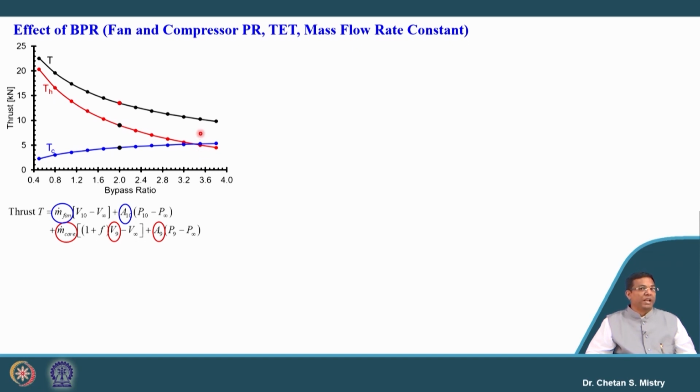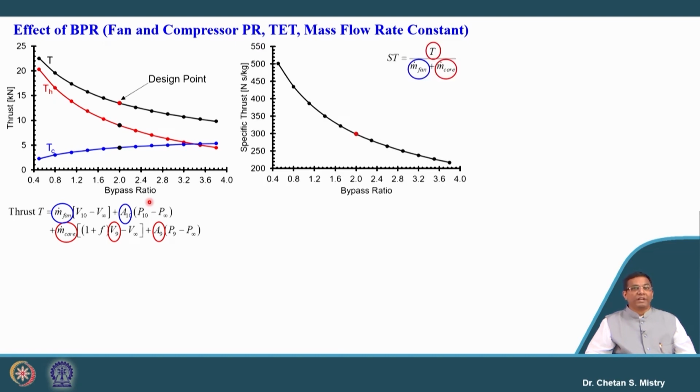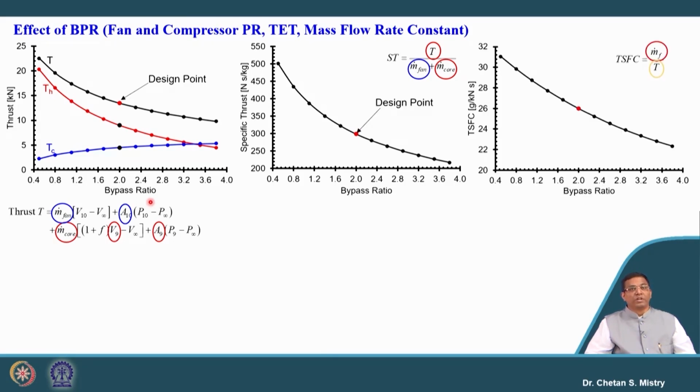And if we add this hot thrust and cold thrust, it says by increasing the bypass ratio, basically we are decreasing the thrust capacity even in the flying condition. Okay. So, this will be reflected in thrust specific fuel consumption and the specific thrust. If we increase our bypass ratio, we will have a decrease of thrust specific fuel consumption. Okay.